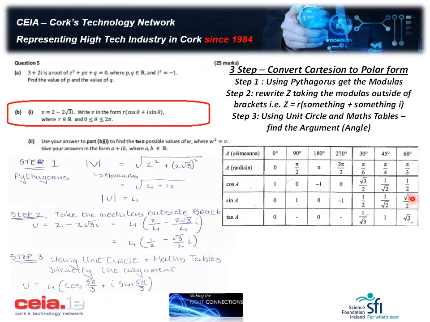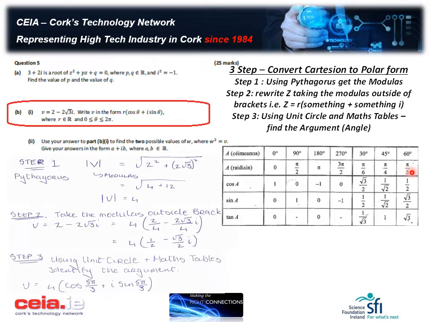That would be the full circle, 2 pi, minus 60 degrees or pi over 3 radians. So we're thinking about full circle, 360 degrees minus 60, or 2 pi minus pi over 3 radians.